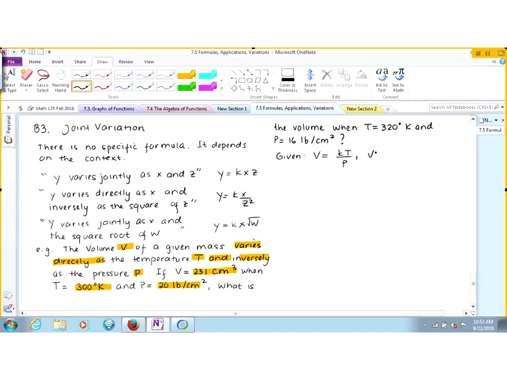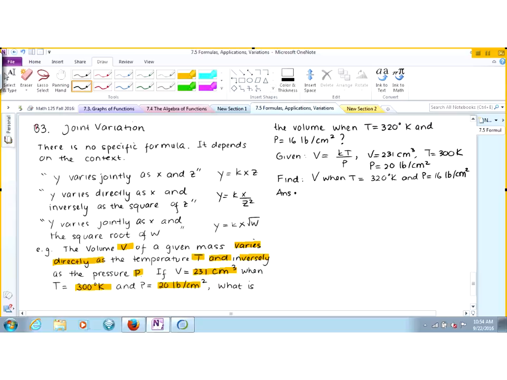All right. So now, what else is given? V is 231 centimeter cube. T is 300 Kelvin. And P is 20 pounds per centimeter square. And you need to find the volume, so V, when T is equal to 320 Kelvin and P is 16 pounds per centimeter square.